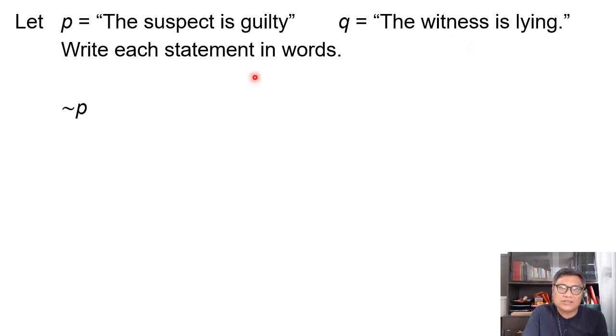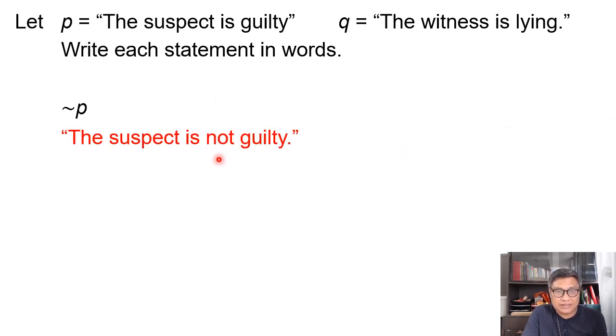There are many ways of stating them in words. You can stick to the rules, even if you read it awkwardly, it's fine. Here we have the symbol not P, so you negate "the suspect is guilty." Your answer will be "the suspect is not guilty."